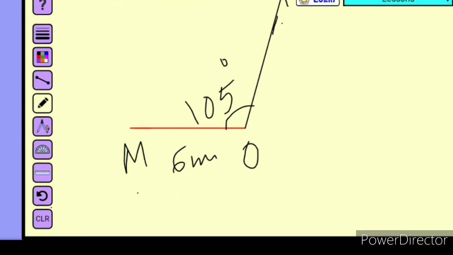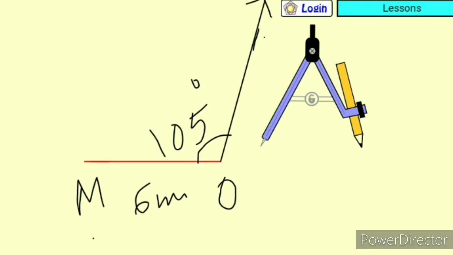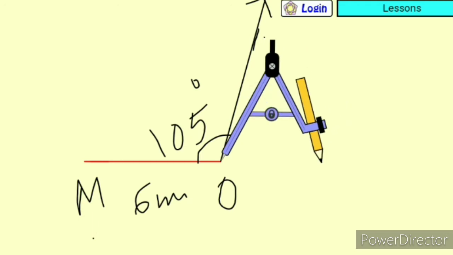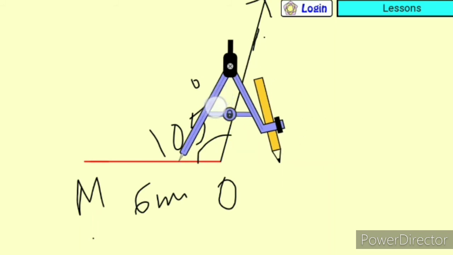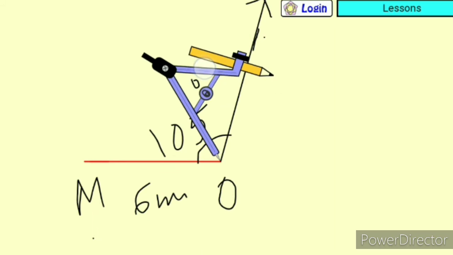Now we are having the measure OR, 4.5 centimeter. Adjust the compass to 4.5, with O as center. Cut this ray.